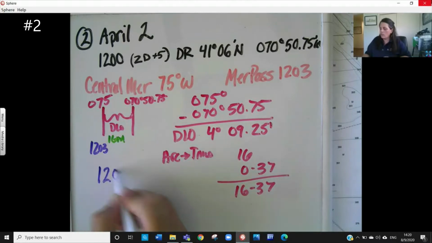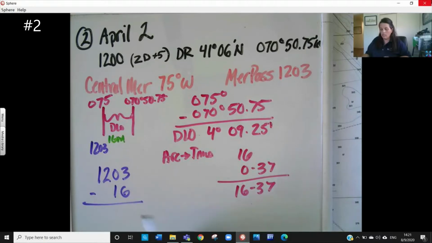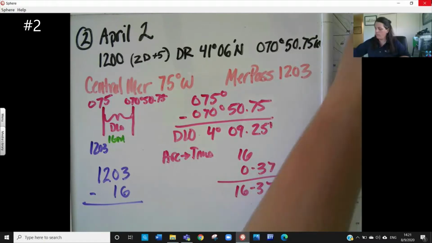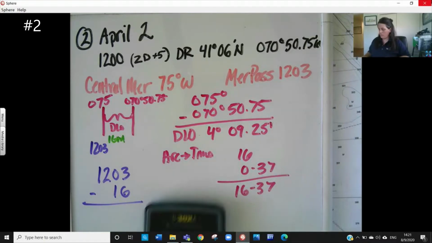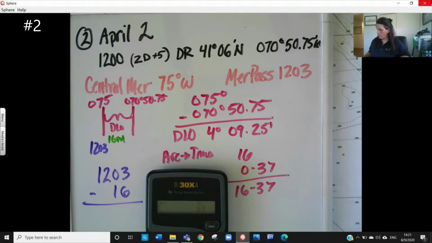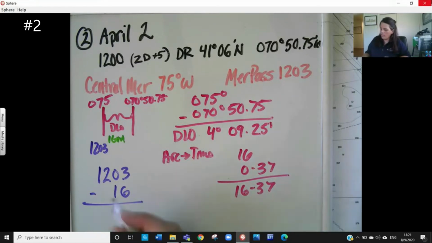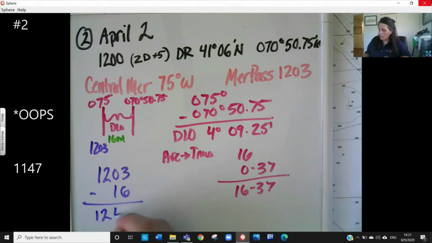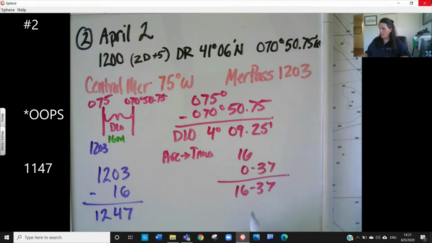So 12:03 minus 16 gives us 11:47. You're subtracting a little bit of seconds, so I might call it 11:46, but we'll say our LAN is at 11:47.